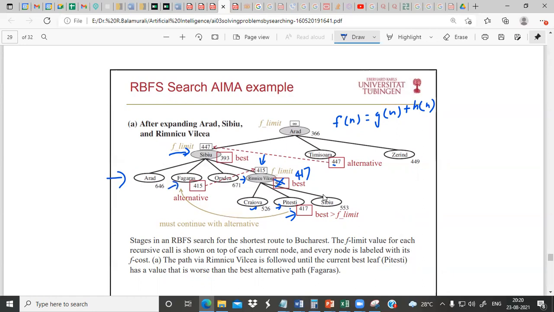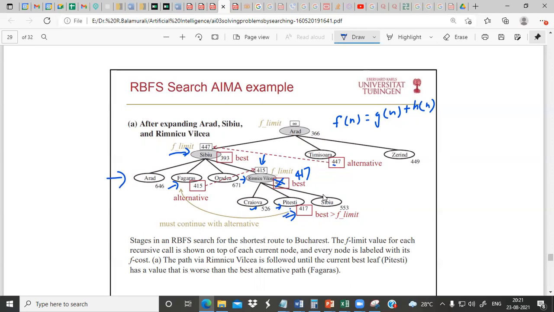Fagaras is promising, that also we don't know, because the f value is a combination of two things, g and h. g is the true value and h is the heuristic value. But anyway, this promise is better than this promise, so we are going back. But before going back, we are making some changes. Previously, Rimnicu Vilcea's f score was 413, which we are changing to 417.